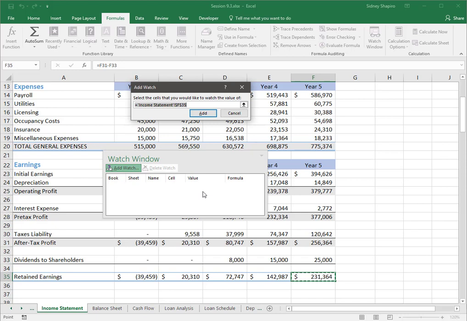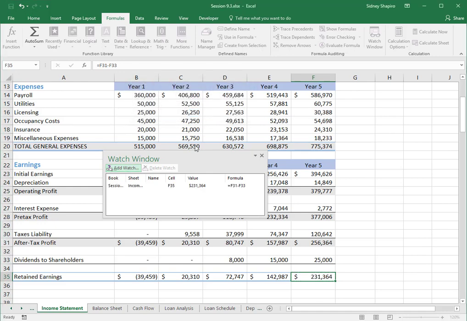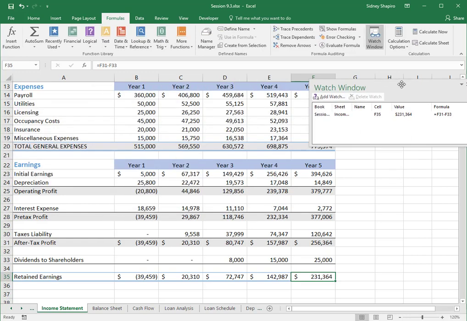So we click F35, which is already clicked over there, and then we click Add. Now in our watch window, it's constantly watching the value of the cell and the formula that's running it. We could just keep this off on the side like this. As we go through our different sheets, we'll always have this up here so we can monitor these numbers.